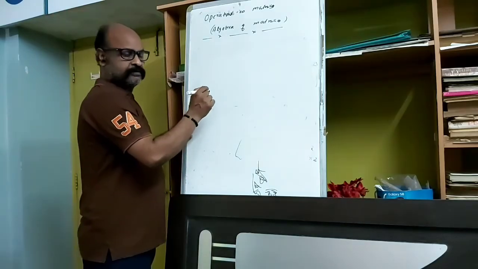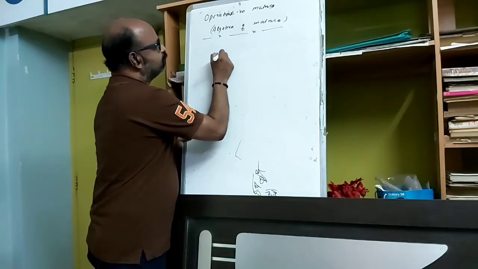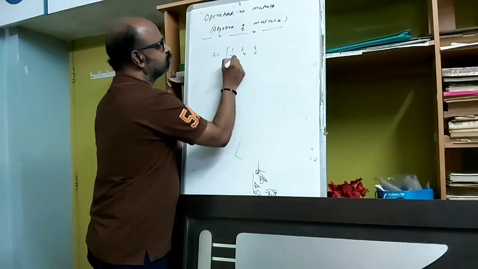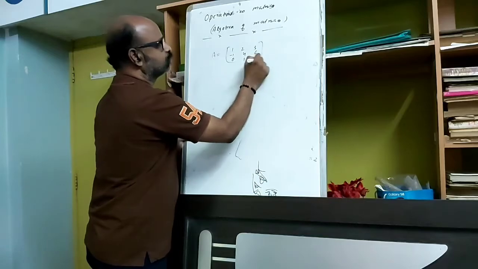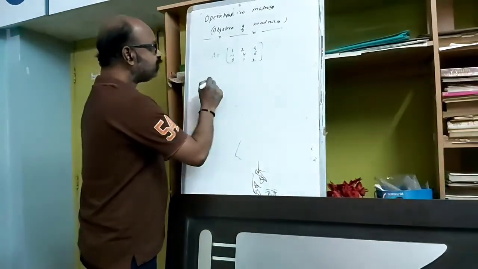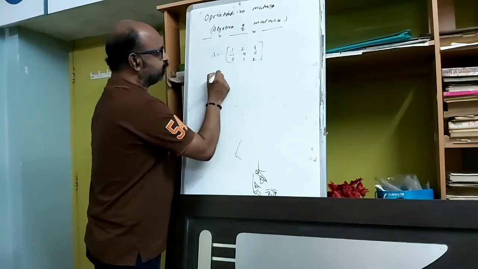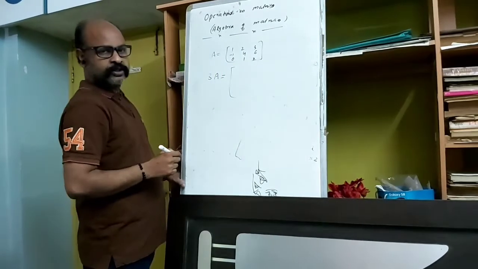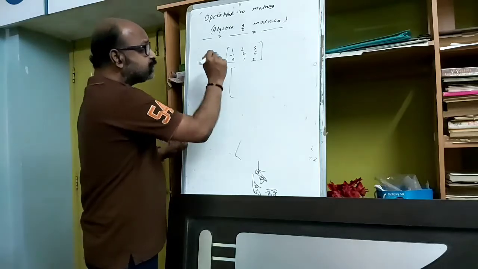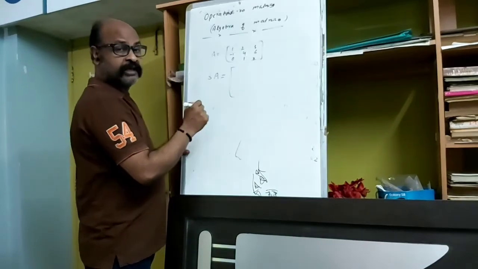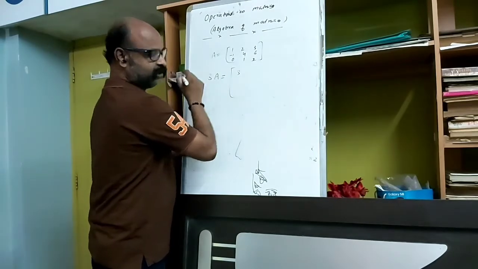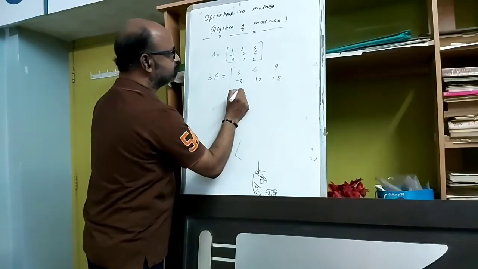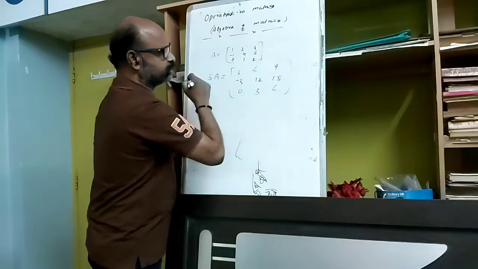Suppose A is the matrix 1, 2, 3, minus 1, 4, 6, 0, 1, 2, and we want to multiply this matrix by 3, that is we need 3A. 3A is again a matrix obtained by multiplying each and every element of the matrix A by 3, that is 3 into 1, 3, 6, 9, minus 3, 12, 18, 0, 3, 6.